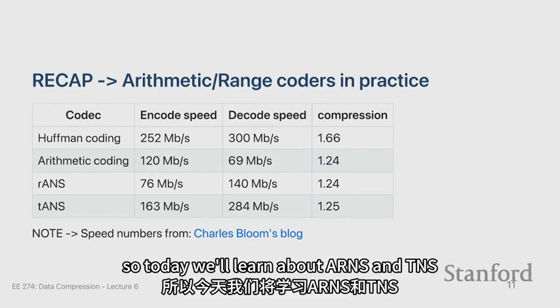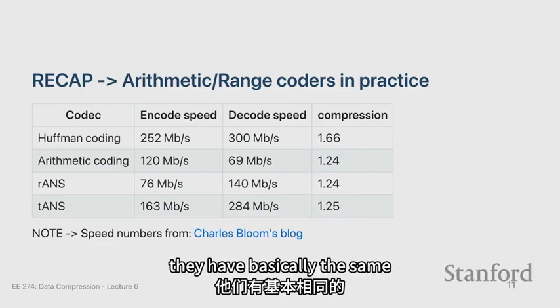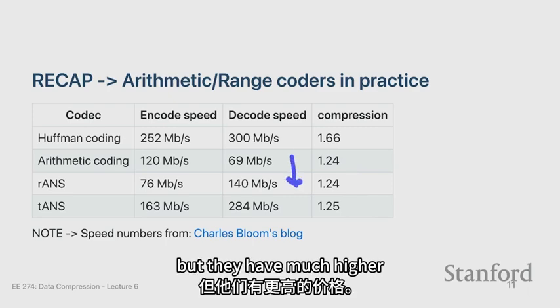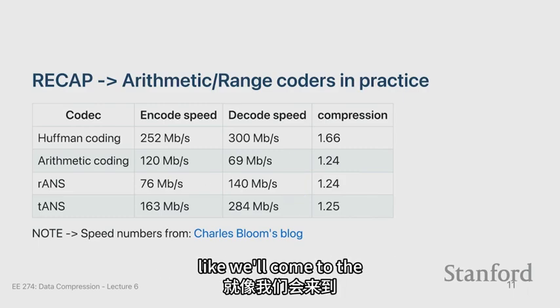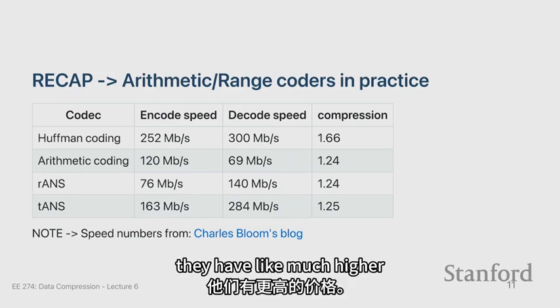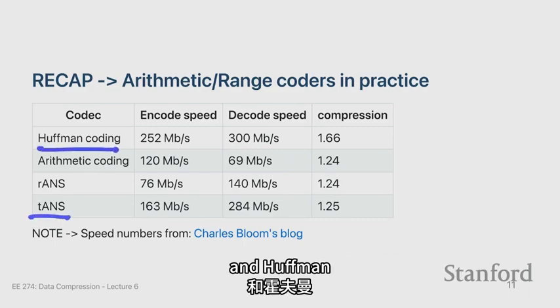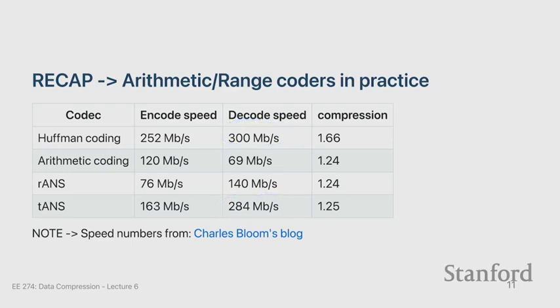Today we'll learn about RANS and TANS. If you look at the compression for RANS and TANS, they have similar compression performance, but much higher decompression speed, by an order of magnitude. We'll come to the encode speed, but if you compare TANS and Huffman, they have very similar decode speed.